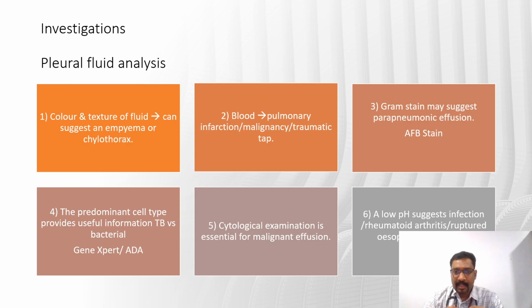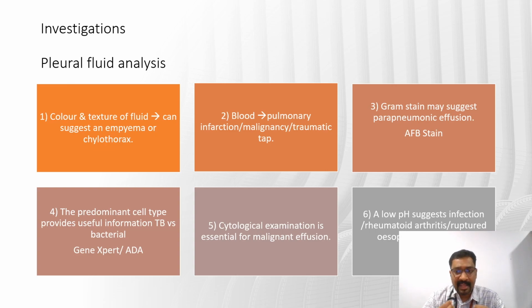There are other attributes of the pleural fluid which are important to make a final diagnosis, like the color and texture of the fluid. You might have figured out that it's an exudative pleural effusion, but you should know the exact diagnosis to treat this particular patient, as in what causes this exudative kind of pleural effusion. So these are some of the important aids that we can use. The color and texture: if it is pus that is obvious there, then it is an empyema.